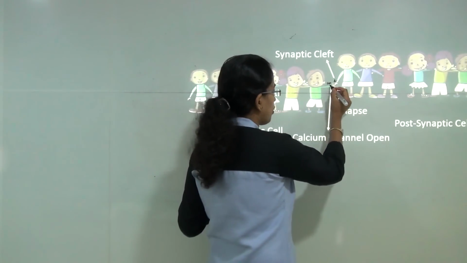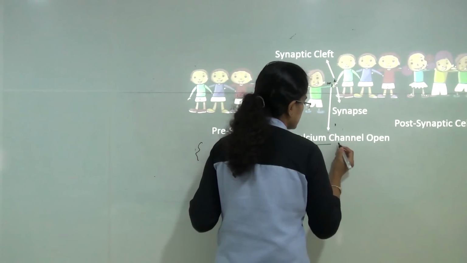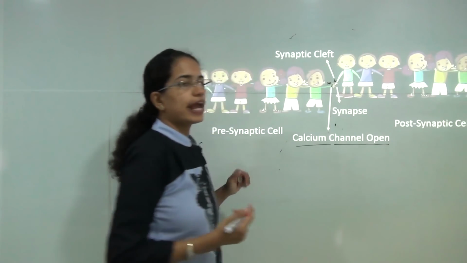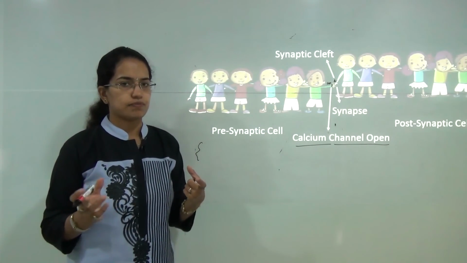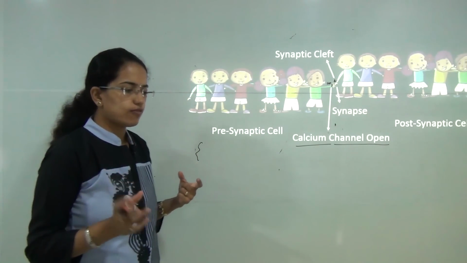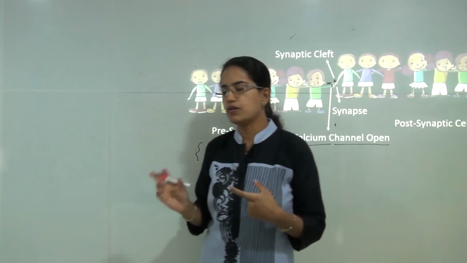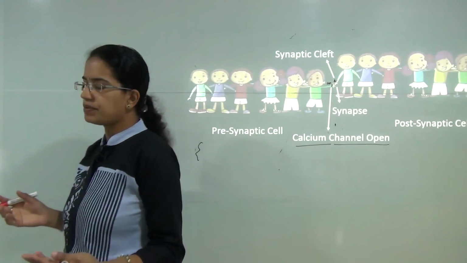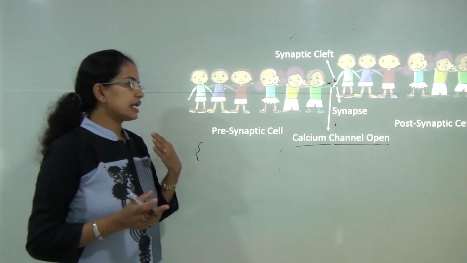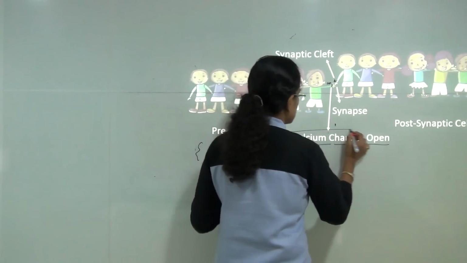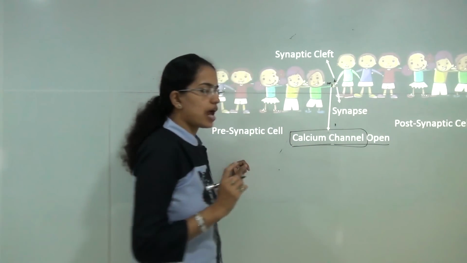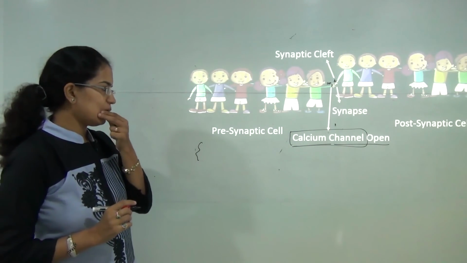Now what would happen at the end of the axon? You would have calcium channels that would open up. Till now we were talking about the sodium potassium pump, but an important concept in nervous impulse is also the calcium channels, and these are important to understand under the postsynaptic potential.